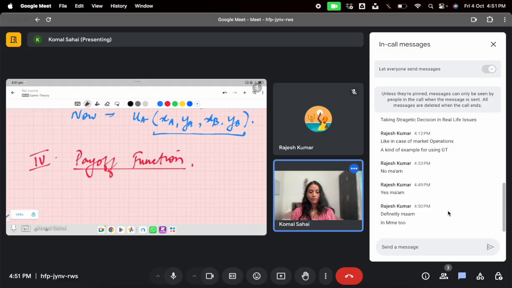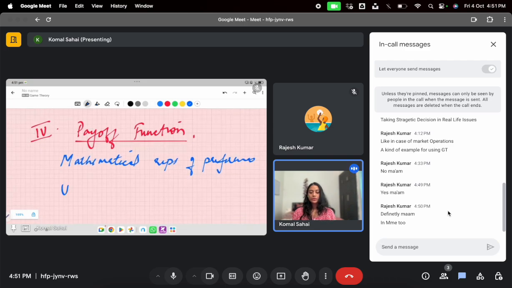So we know what payoff functions are. Payoff functions are mathematical representations of preferences, okay, that we know. So if this is a utility, it is a function from your action space to your utility space, isn't it? Suppose you have any actions A and B; utility from action A is this much, utility from action B is this much. All these belong to your action space.